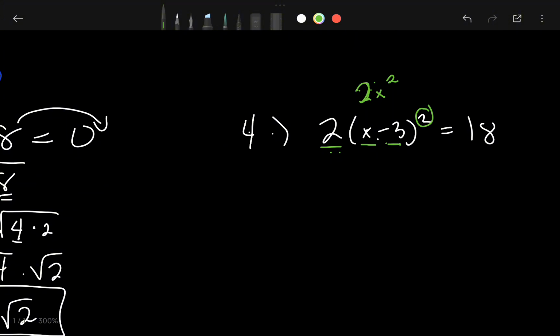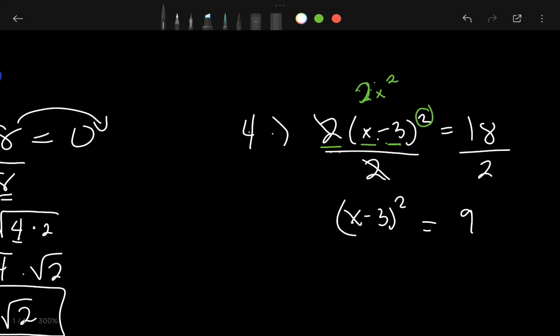It means that we can already say it's written in the form of x squared is equal to c, but a is not equal to 1. The numerical coefficient of x squared here is still 2, so there's still a need for us to divide both sides by 2 so that we can make this into 1. Divide both sides by 2, so we can cancel the numerical coefficient here. So bring down (x minus 3) squared is equal to 9.